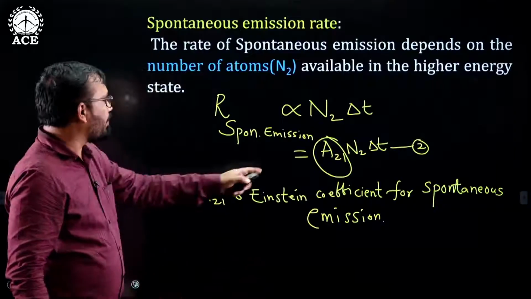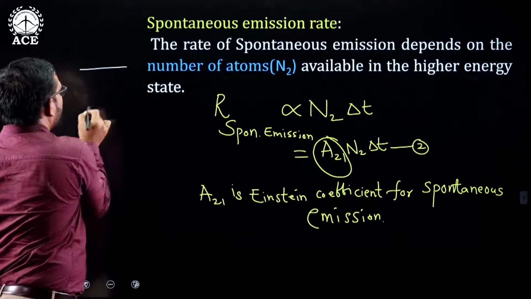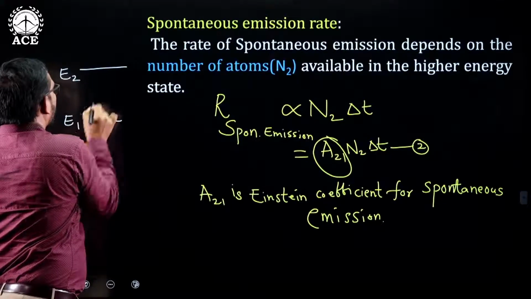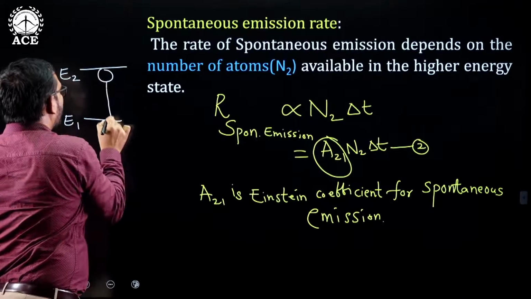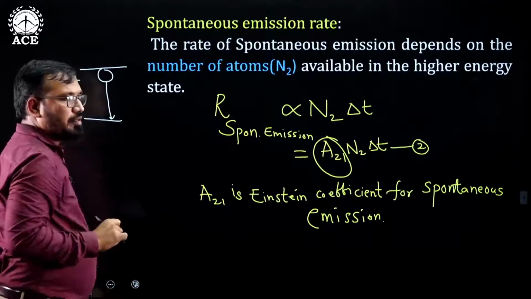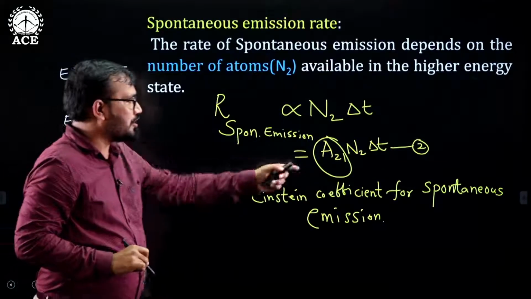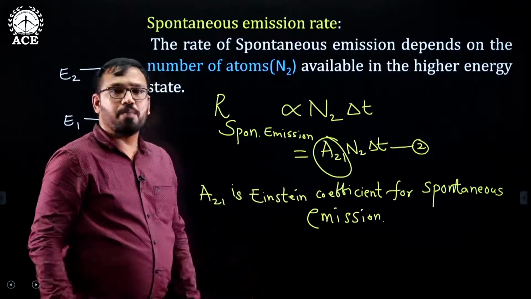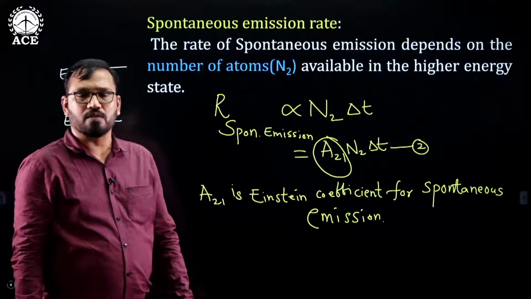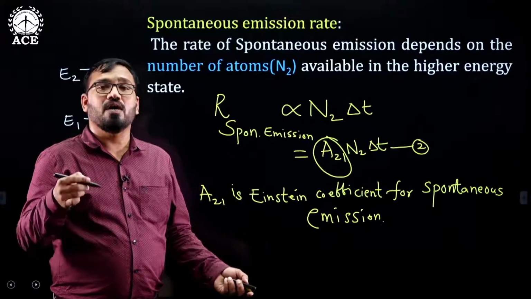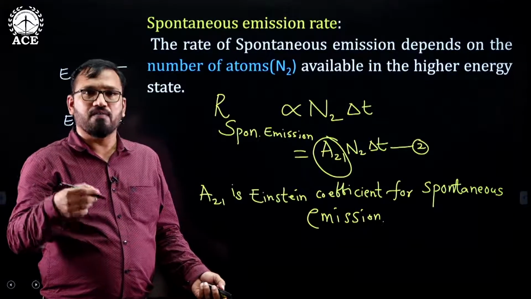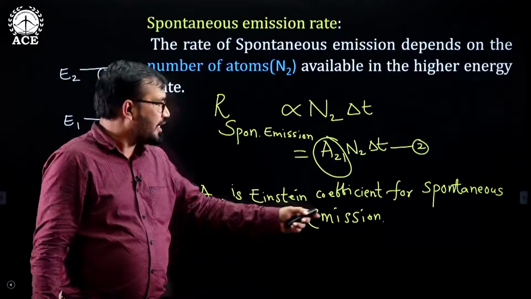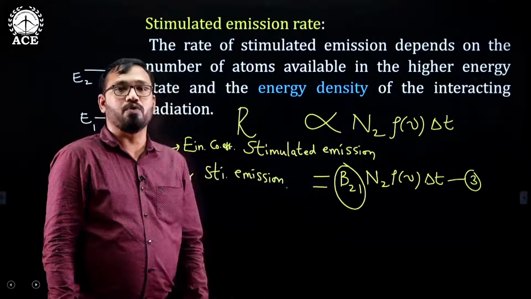Next, emission means atoms are coming from higher energy level E2 to E1. So that is 2-1. Why, sir, are we not using B21 here? Because it is not related to stimulated. It is spontaneous. For that I am using A21. In stimulated I use B21. Okay?